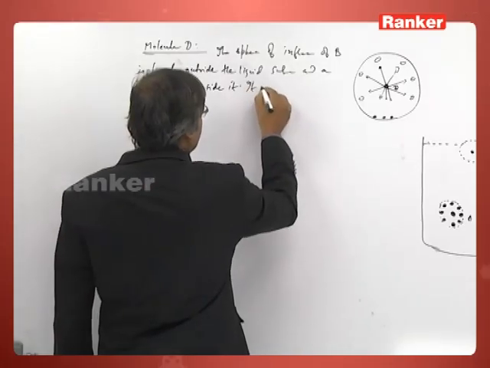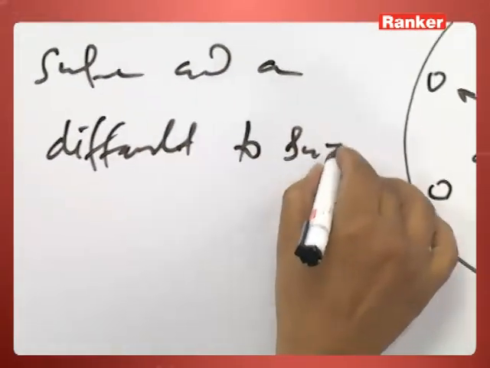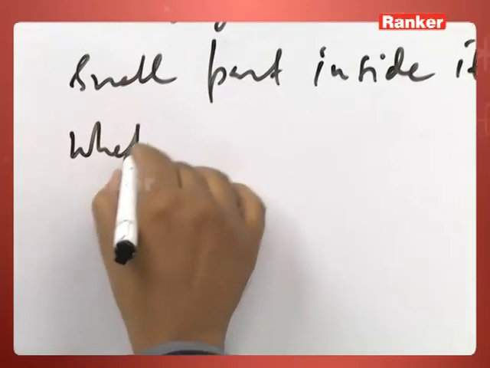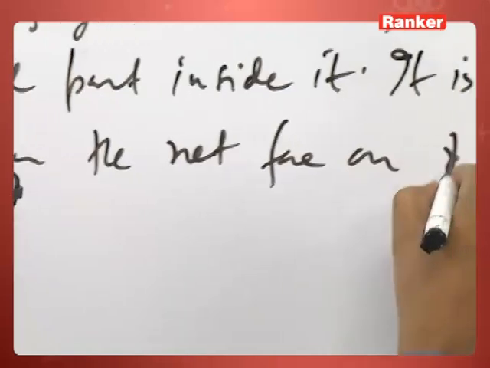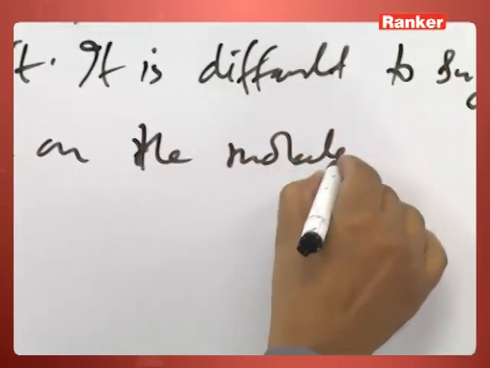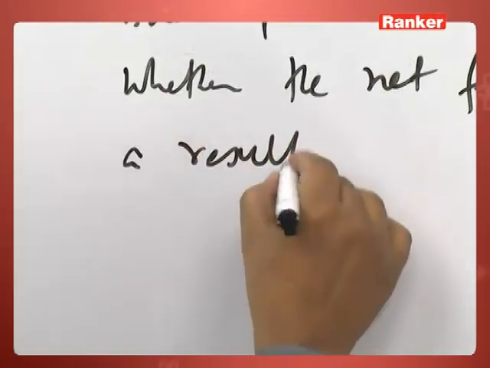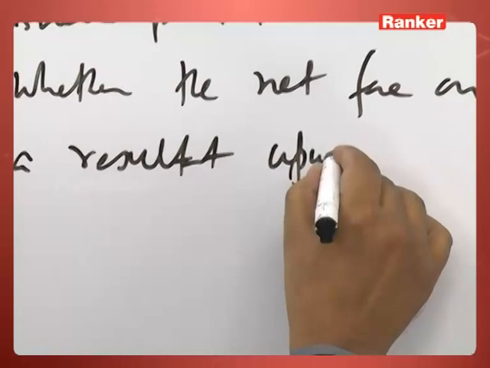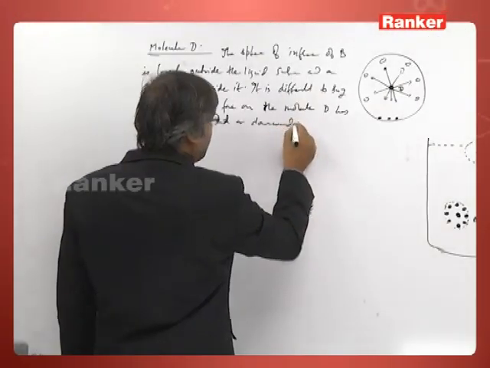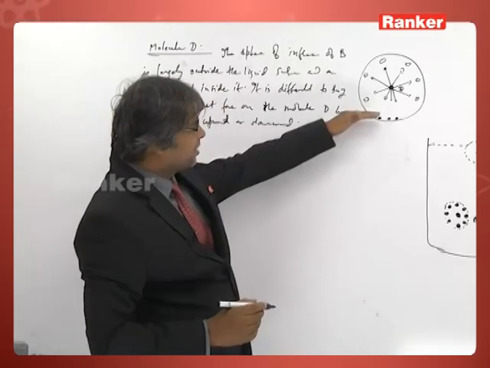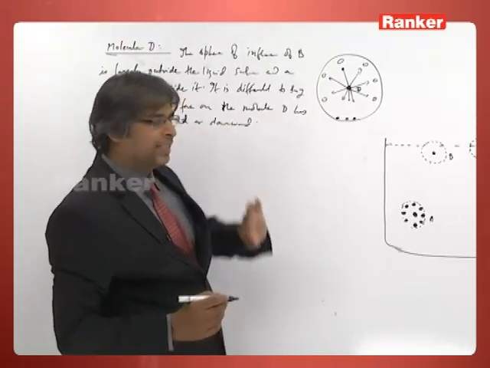It is difficult to say whether the net force on the molecule D has a resultant upward or downward. It depends on how much of it is inside and how much is outside.